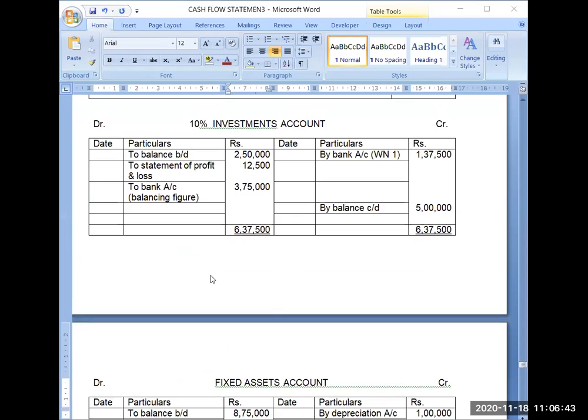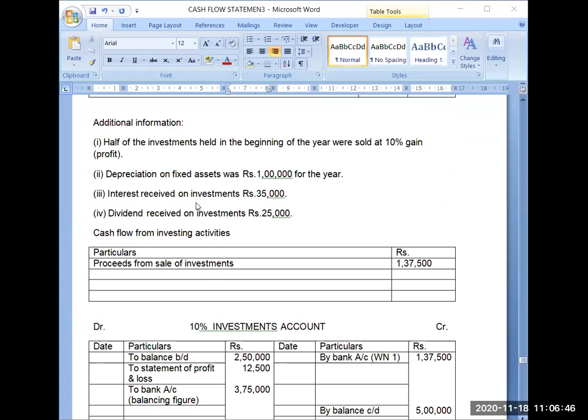So two accounts are completed. Then you have received interest on investments and you have received dividend on investments. So that is not part of any account. That will be directly written here. So we will write here interest received on investments.